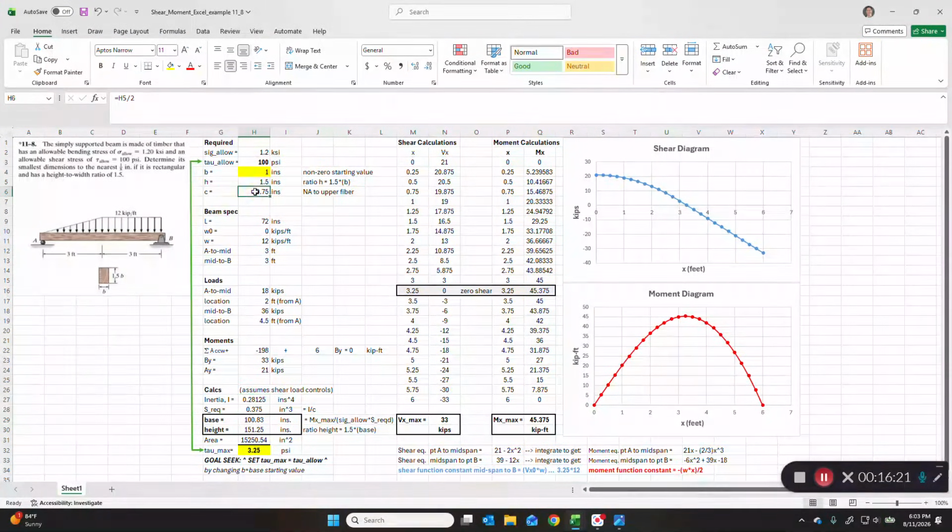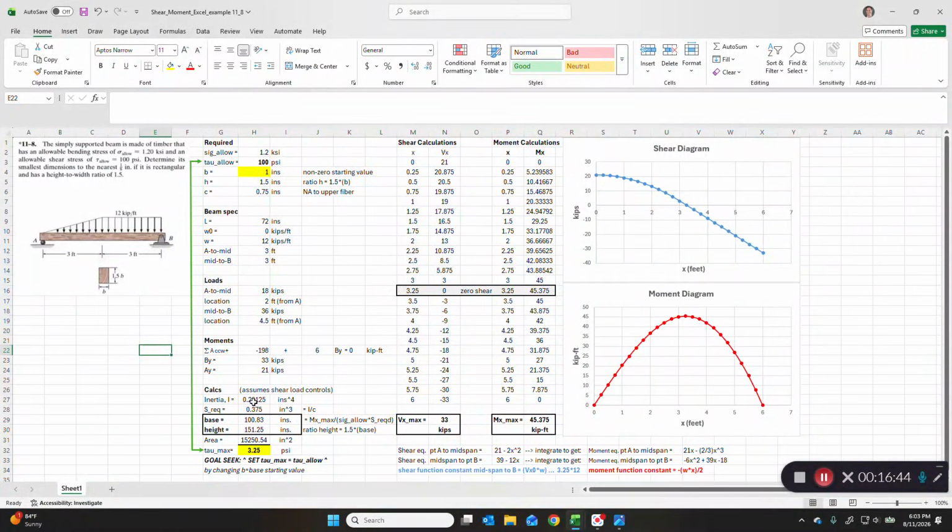C is the neutral axis to the upper fiber, is 1/2 B, 1.5 B over 2, right? And then our base and our height is what we want, because it says determine the smallest dimensions for this beam, base and height, right? Thickness, base, and height or depth to the nearest 1/8 inch, given the ratio.